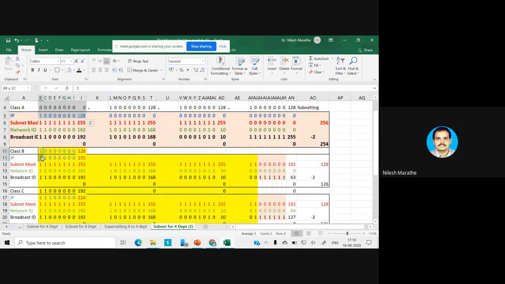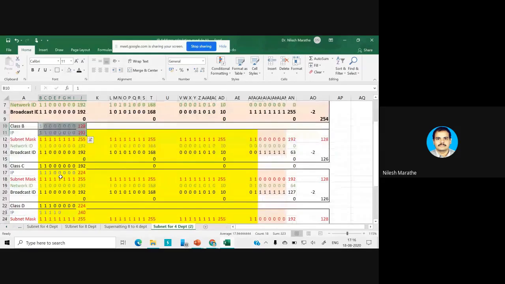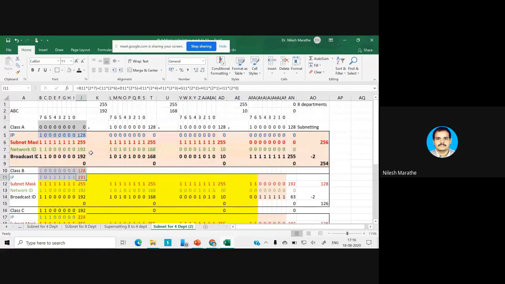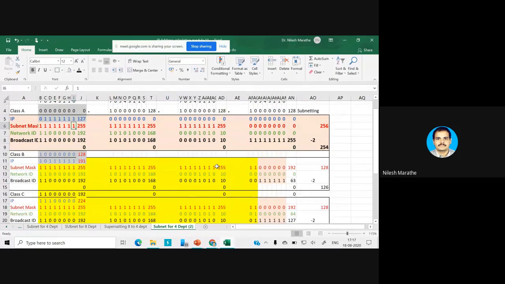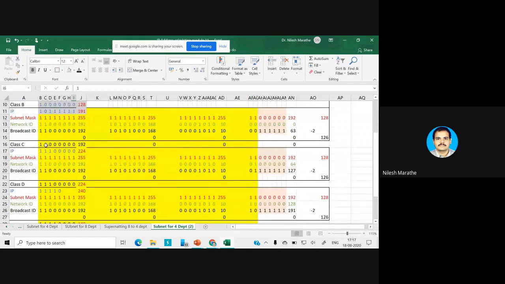Class B is going to start from 128 till 191. So I put 0 here and all other bits as 1. I will do the same thing here. Put 0 here. Right. Class C starts with 192 and ends at 223.